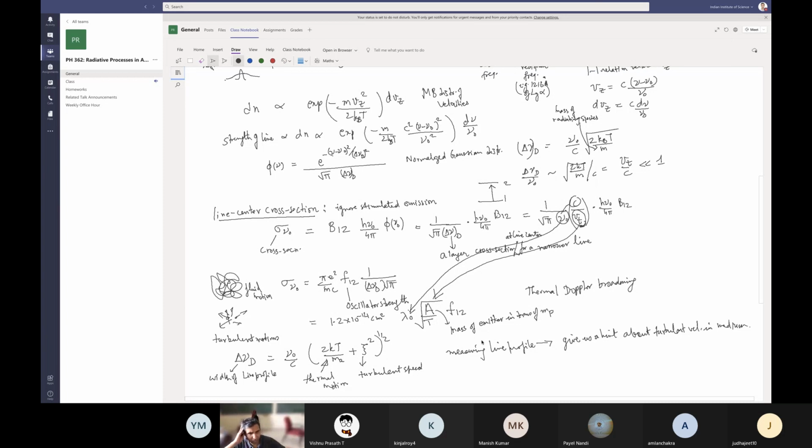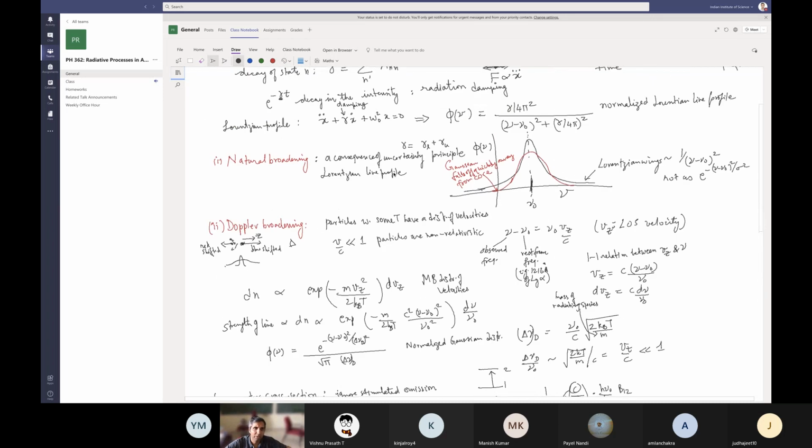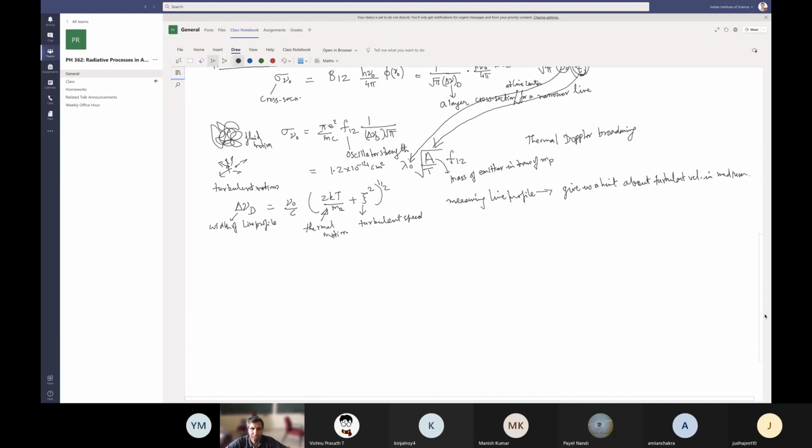So this is just Doppler broadening. We talked about natural broadening. Now, an atom will not only have Doppler broadening, but also natural broadening, and the two have to be combined together. This is what we'll actually do in the next class.